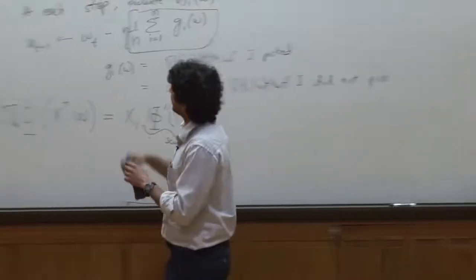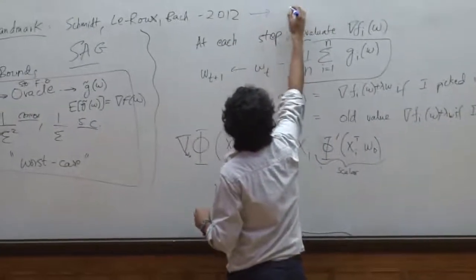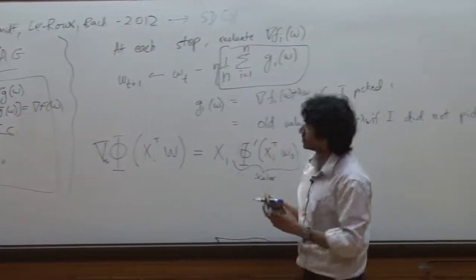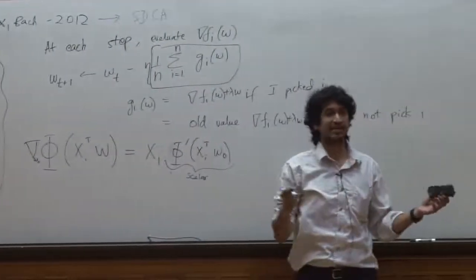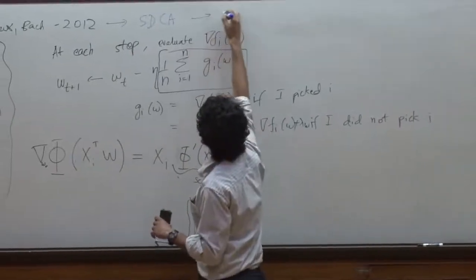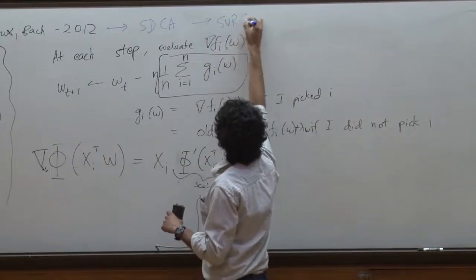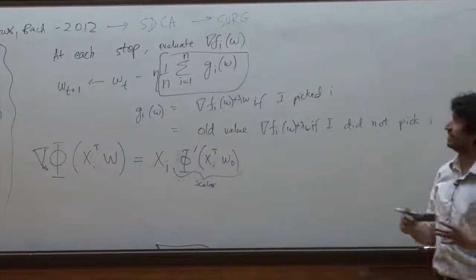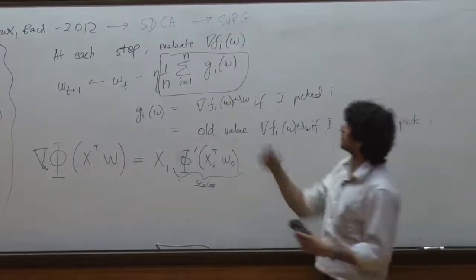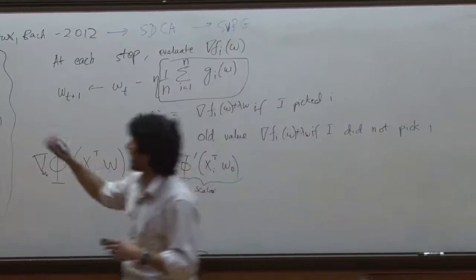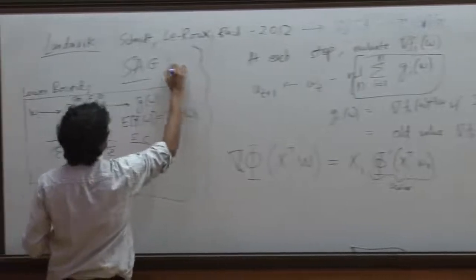So maybe following this up was something called SDCA, which is stochastic dual coordinate ascent, and I'll describe that algorithm right now briefly. And following that was SVRG, which is stochastic variance reduced gradient. And I would say that these are like the dominant algorithms right now. SAG was extended to what's called SAGA.